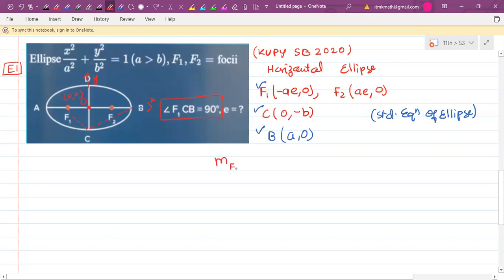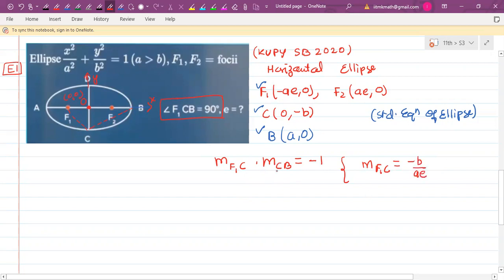So what do you mean by this? M F1C into M CB is equal to minus 1, the product of slopes of these two line segments. Now you find out M F1C. This will be minus B upon AE.